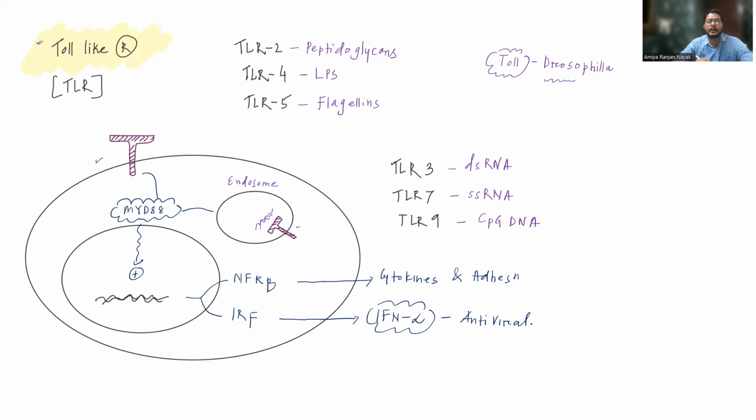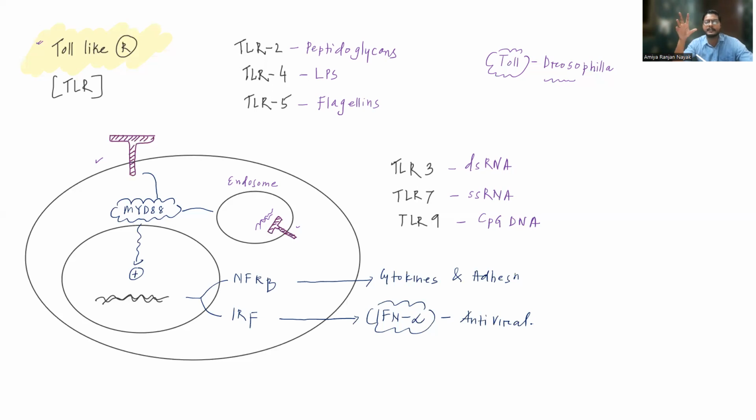The important point that we have to remember is toll-like receptors can be present on the cell membrane. They can also be present in the endosomal membrane. Those present in the cell membrane are going to identify the microbial products that are present in the cell wall. And the endosomal toll-like receptors are going to identify the nuclear material of the pathogen.